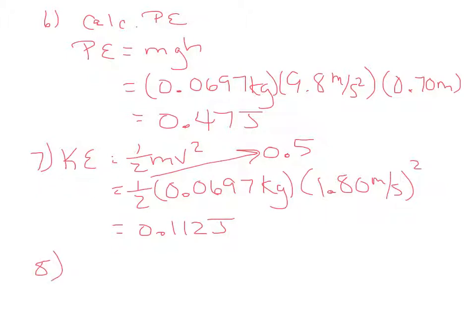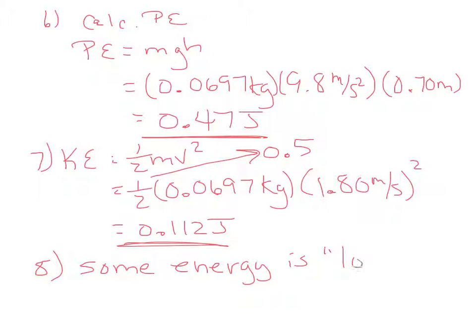Question number 8, the last question, says, the law of conservation of matter and energy states that energy cannot be created or destroyed. So why are my calculated values for potential energy different than that for kinetic energy? If you can't destroy energy, why are they not the same? The answer to that is that some of the potential energy is, quote-unquote, lost to friction and sound.